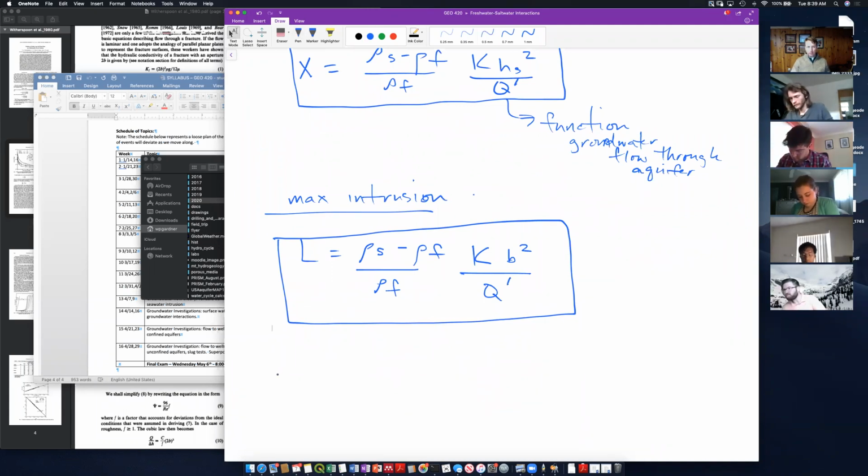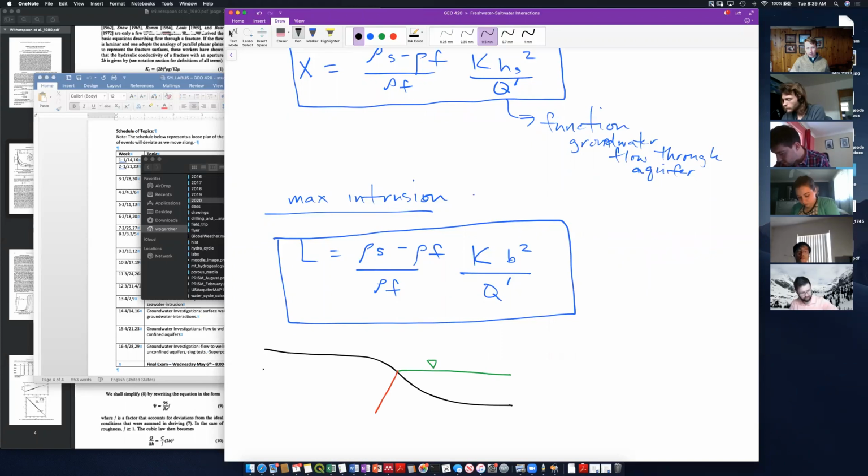So if we go back to a drawing here, here's our system. Here's sea level. Here is our interface. And we have groundwater flowing basically through our confined aquifer.